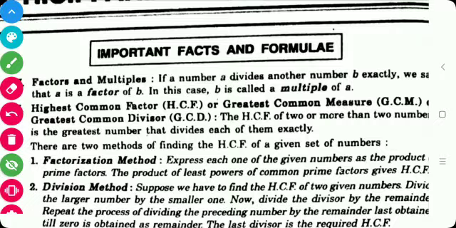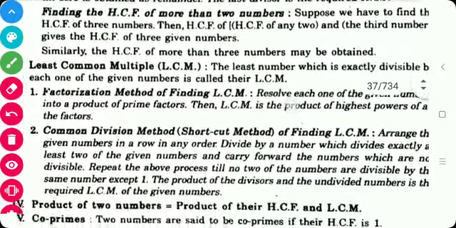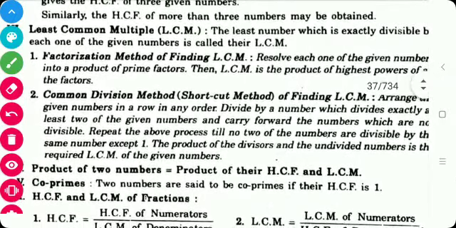So there are two methods of finding the HCF. First is the factorization method and second is the division method. Then least common multiple: the least number which is exactly divisible by each one of the given numbers is called their LCM.